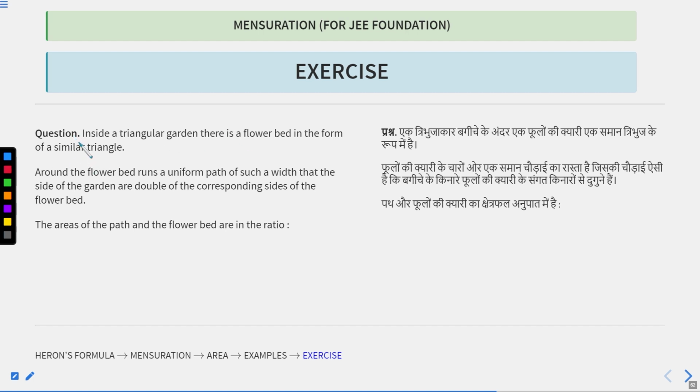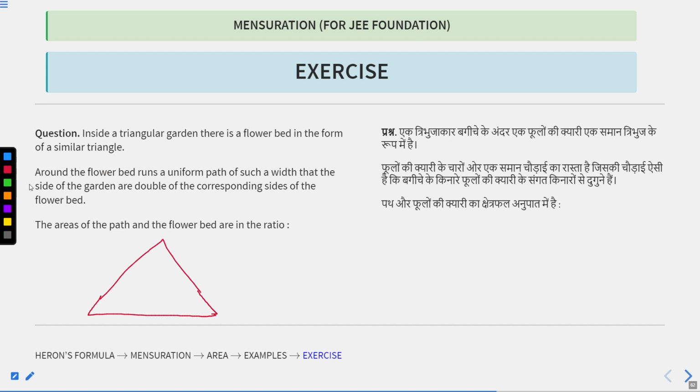Now in this problem, a triangular garden is given to us. Let us make a rough diagram so that you can easily visualize the question and solve it. Inside a triangular garden, there is a flower bed in the form of a similar triangle.